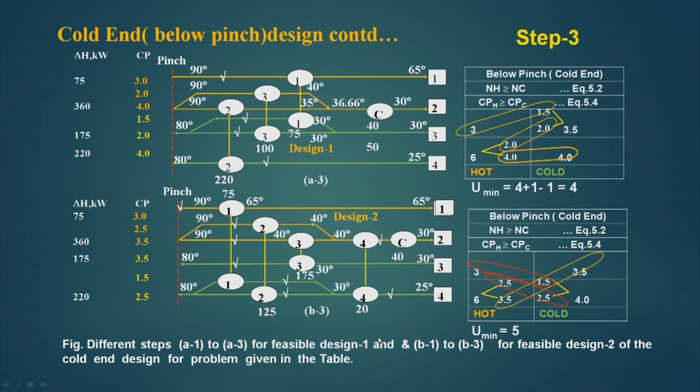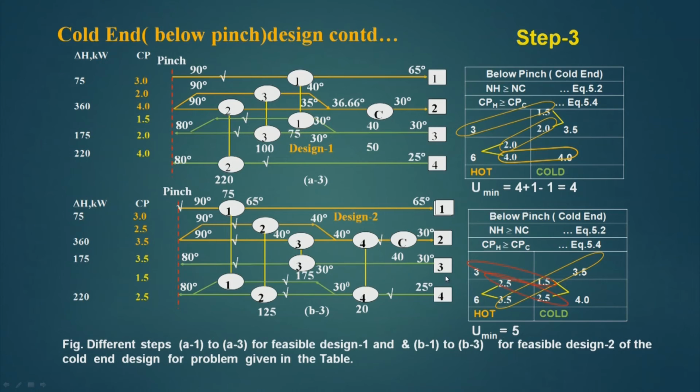So, 220 minus 75 is equal to 145. So, this is 125 plus 20. So, if I see here, this stream is splitted into 2 parts, 2.5 and 3.5.